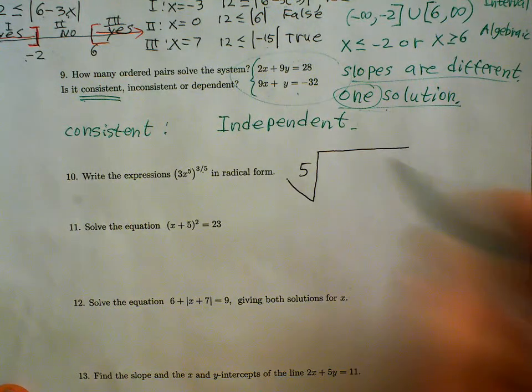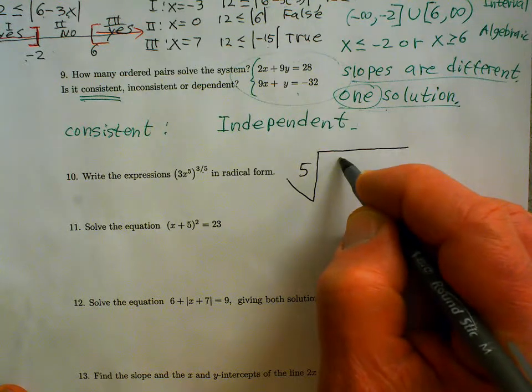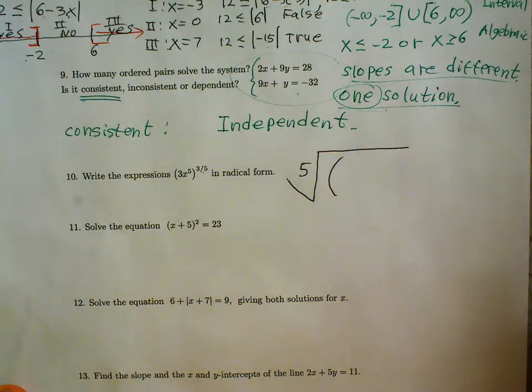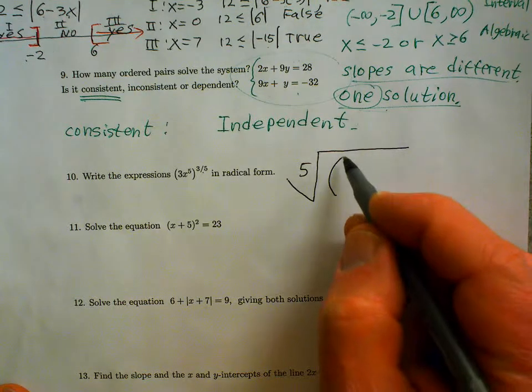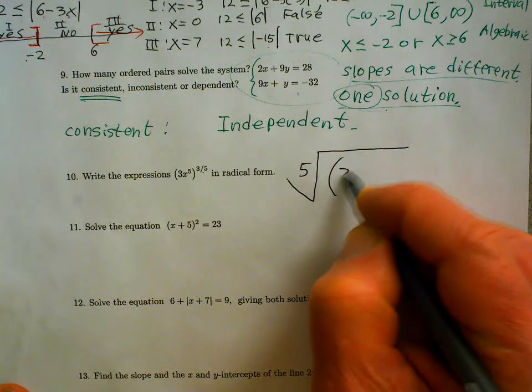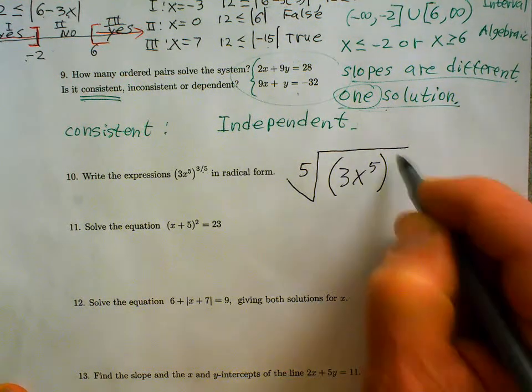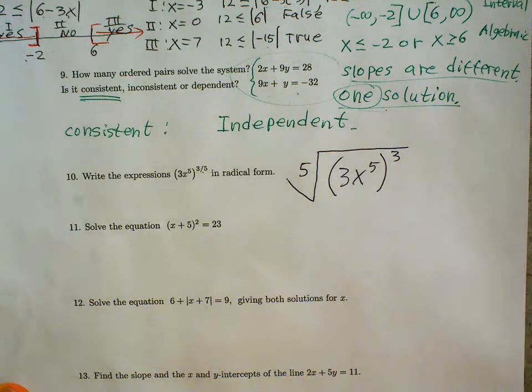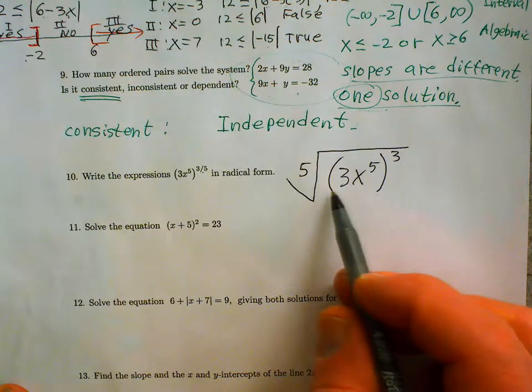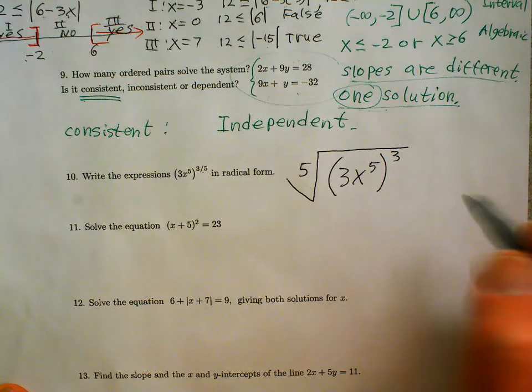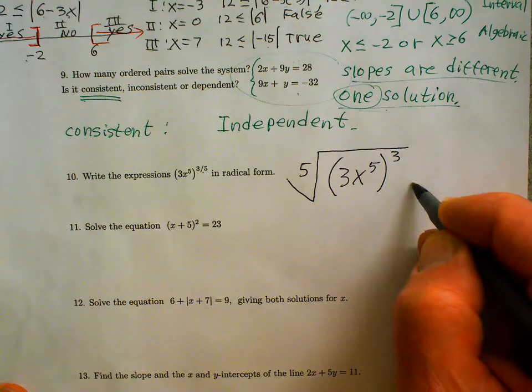And then inside the radical, well, we can do a couple of different things that are equivalent. We can put 3x to the fifth in parentheses and then put the outer exponent 3. If you don't want the parentheses, you don't have to have them, but you have to do something else.